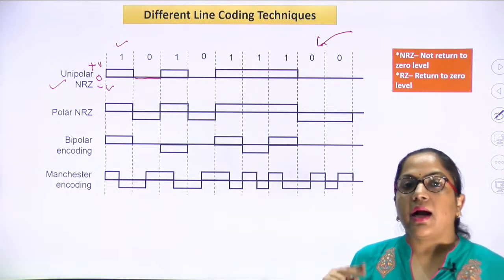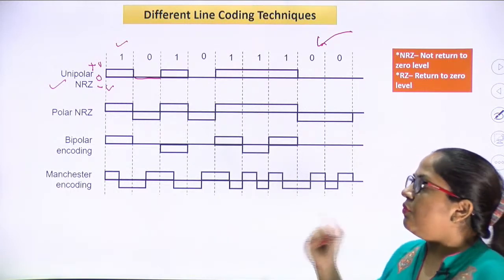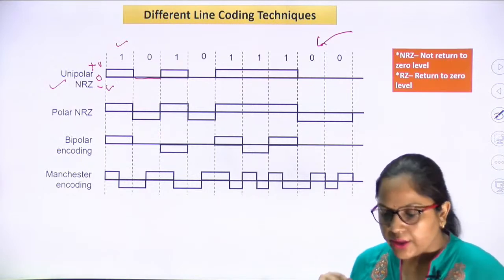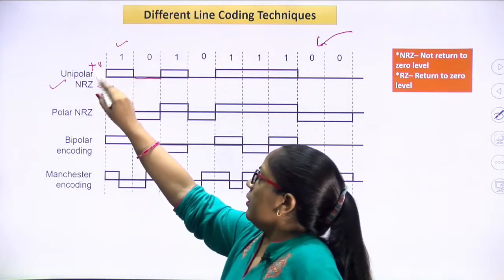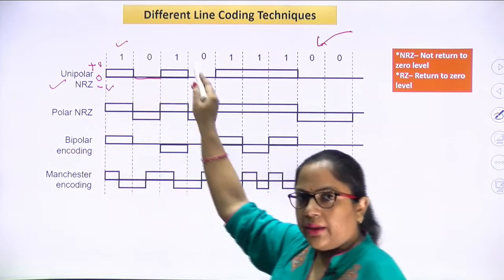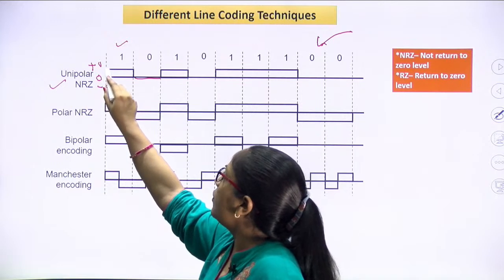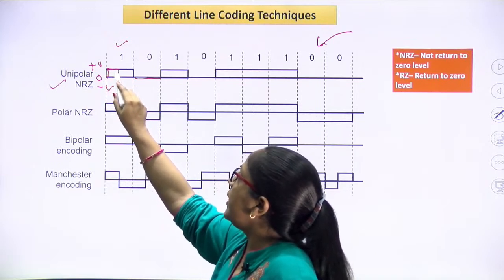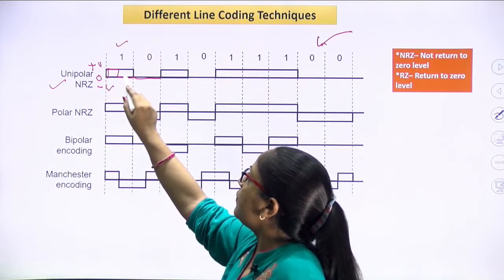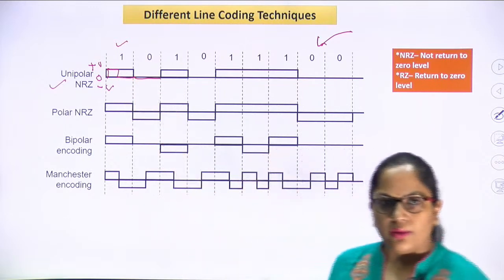The second is RZ, return to 0. What will we do in case of return to 0? I am taking the example of unipolar return to 0. In return to 0, for half of the bit interval the signal will remain high, and then for the next half interval it will return to the 0 level.